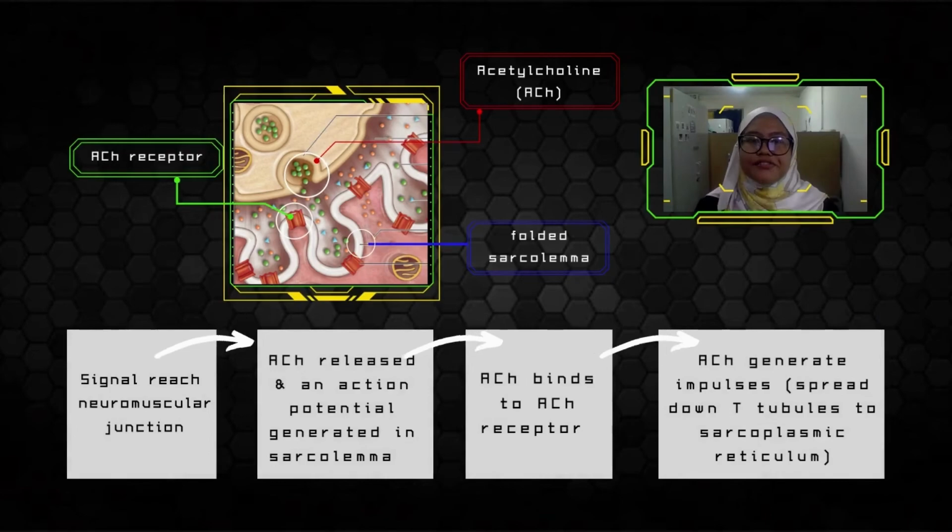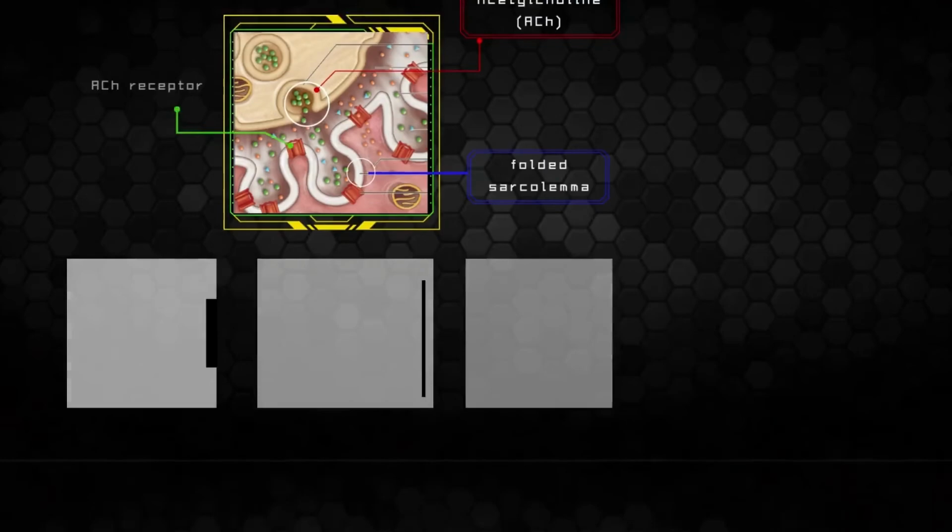When a neural signal reaches a neuromuscular junction, acetylcholine, or ACH, is released and an action potential is generated in the sarcolemma. After ACH is released, it binds to the receptors in the sarcolemma and generates impulses that spread down T tubules to the sarcoplasmic reticulum.